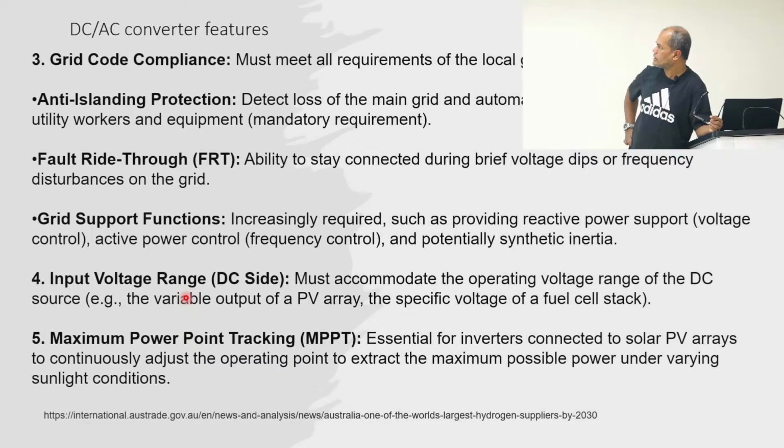Anti-islanding protection, many of the devices have that protection, so that it can detect the loss of the main grid and automatically disconnect to protect utility workers or equipment. So for example, you have an electrolyzer connected with some part of the grid, and if it is disconnected from the main grid, that means it is islanding.